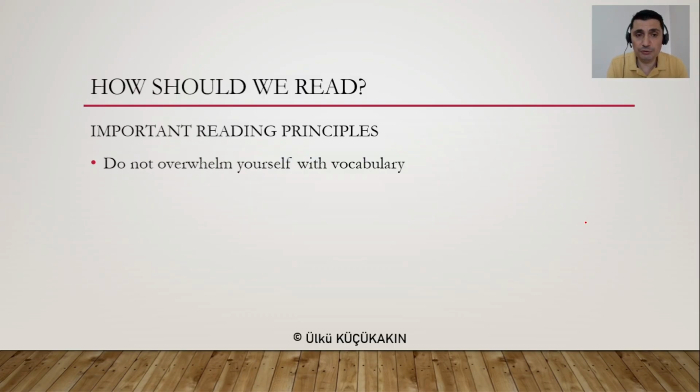This is so important, everyone. We do not do reading in order to learn vocabulary. Reading itself is very precious, very important, very significant for us. We do reading to read, okay, not to learn vocabulary. So you should not be really overwhelming yourself with vocabulary.